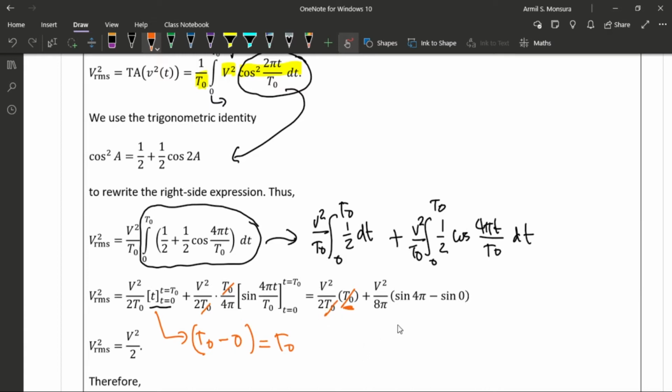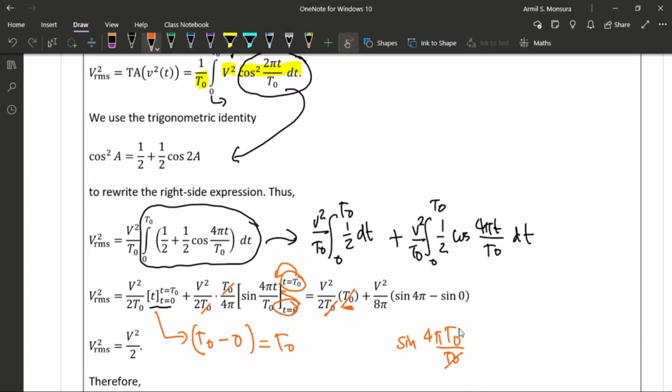While for the second term, we substitute this here and this here. What will happen is that for the substitution of the upper limit, we will have sine of 4 pi times t0 over t0.